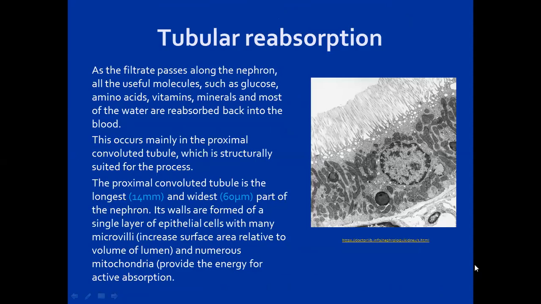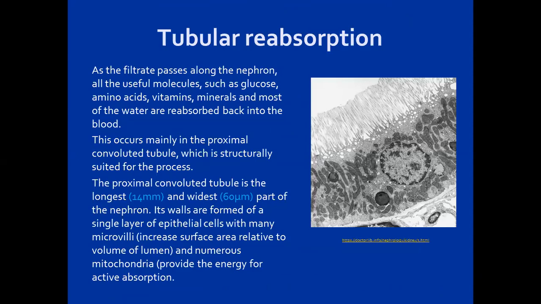Then the filtrate is now in the proximal convoluted tubule. Remember, tubular reabsorption is the passing of useful molecules, which were small and filtered and have the potential to pass out in the urine, so the useful molecules need to be reabsorbed.